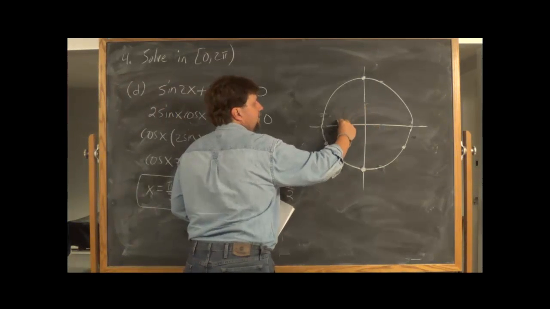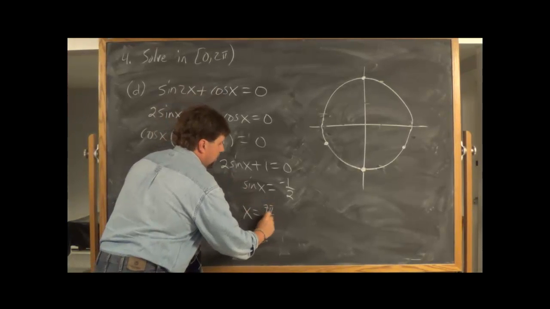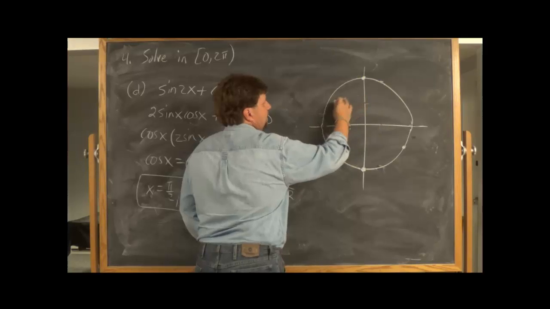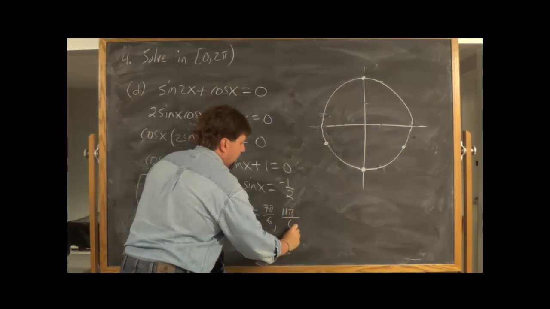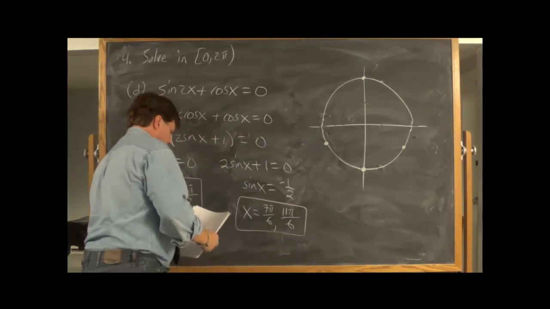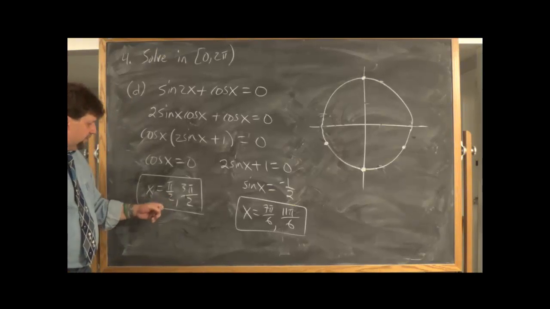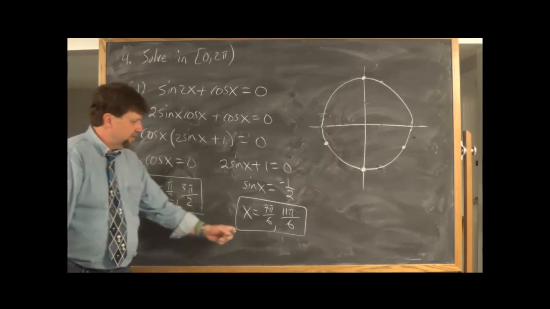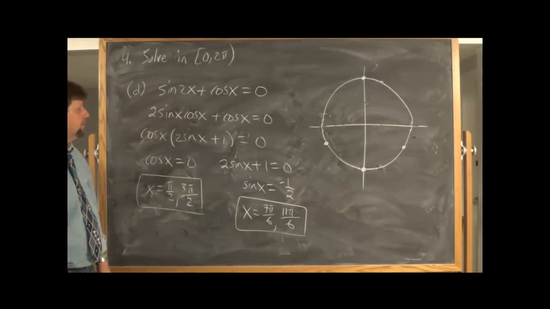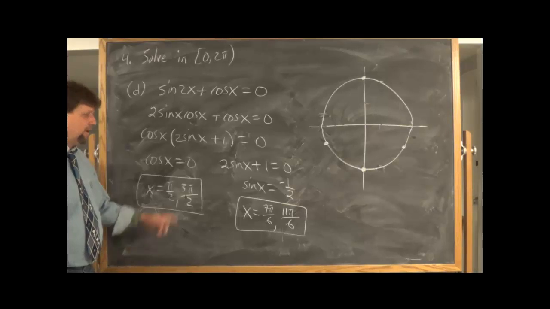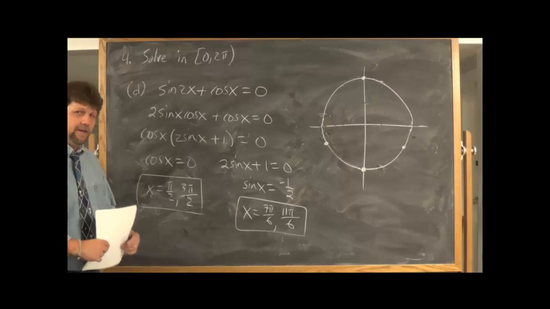This angle is 7 pi over 6, and this angle here is 11 pi over 6. So for part D, hopefully you had these four solutions: pi over 2, 3 pi over 2, 7 pi over 6, and 11 pi over 6. And again, if you need to hit pause to write anything down, do it, because I'm grabbing the eraser.